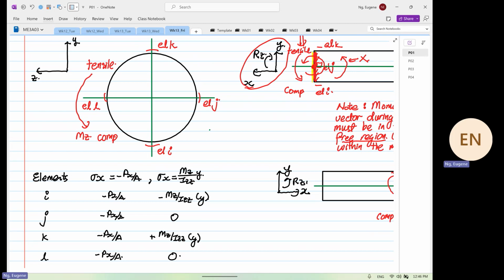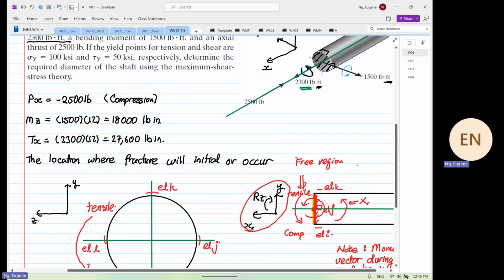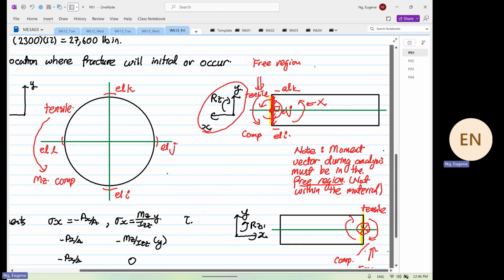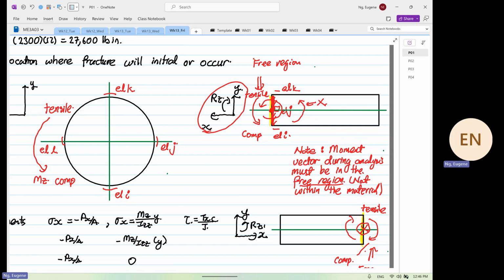And then if we look at shear, how does the shear look? The shear is induced by Tx over J multiplied by C, right? It will go in this direction. So this is the direction of the shear.